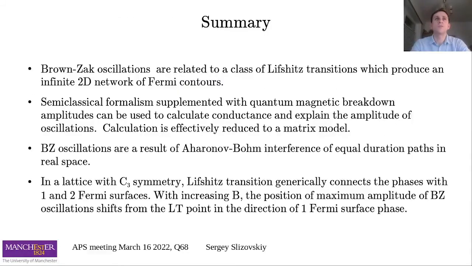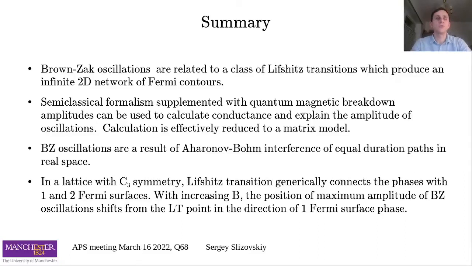To summarize our findings, Brown-Zak oscillations are related to a class of Lifshitz transitions which produce an infinite two-dimensional network of Fermi contours. Semi-classical formalism supplemented with quantum magnetic breakdown amplitudes can be used to calculate conductance and explain the amplitude of oscillations. The calculation is effectively reduced to a matrix model. Brown-Zak oscillations are a result of Aharonov-Bohm interference of equal duration paths in real space.